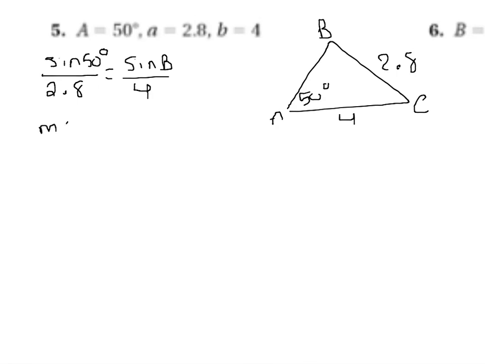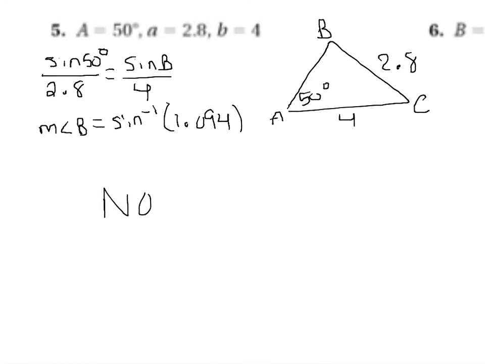So the measure of angle B is going to be equal to the inverse sine of 1.094. But if you do that in your calc, it gives you an error, so that means there is no triangles. Okay? So let's go on to the next thing, so there's the law of sines. Let's look at the next page.